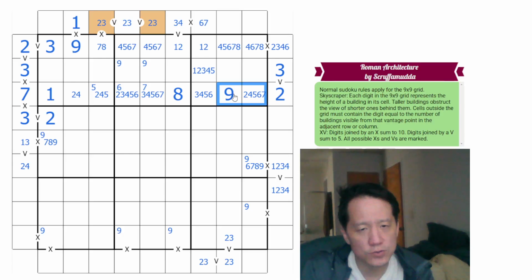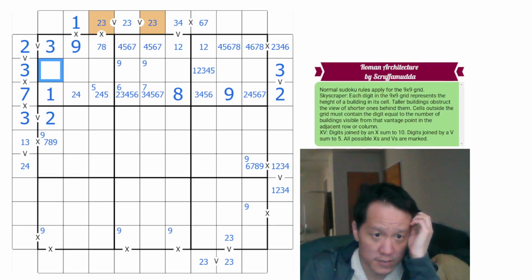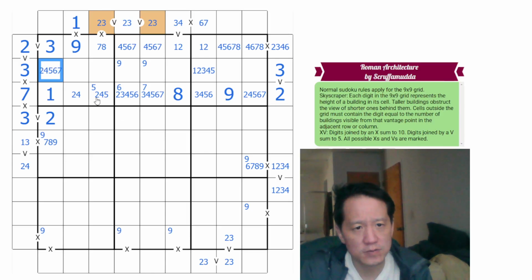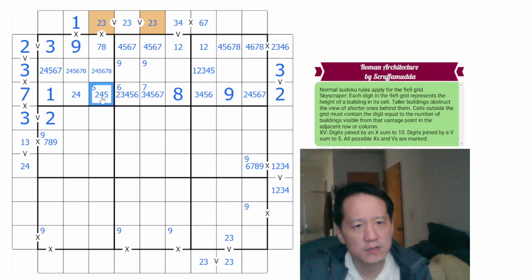This sees 2. This can't be 8. So it could be 2, 4, 5, 6, or 7. These obviously can't be 9. But they could be up to 8. That's fine.